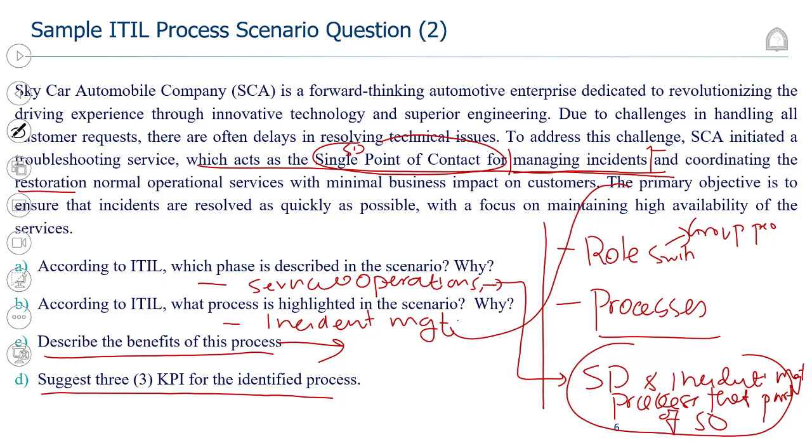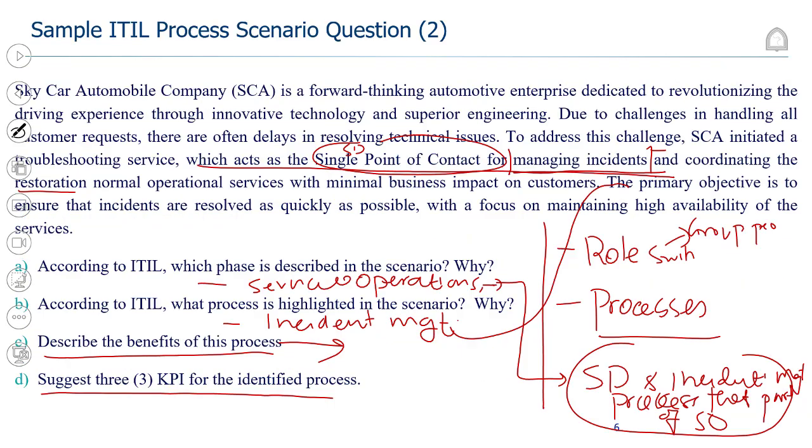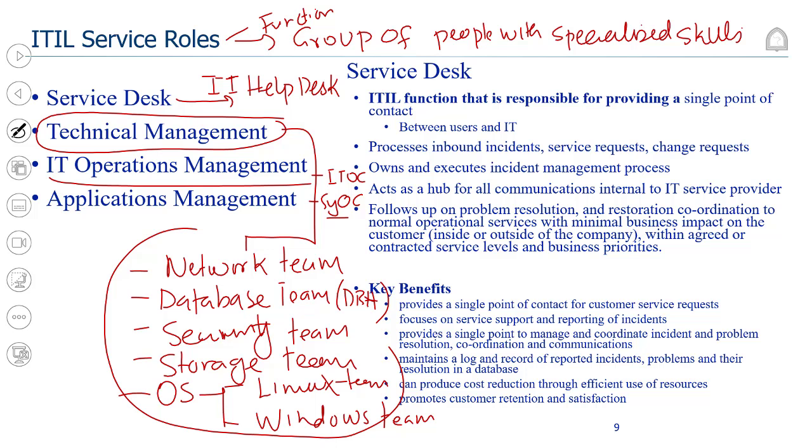My main one is to help you with finding out how you can find out from the case study which phase it is, and which particular process it is, okay? So you need to know the phase and you need to know the process. And I've actually done my best to summarize that in this particular slide here.